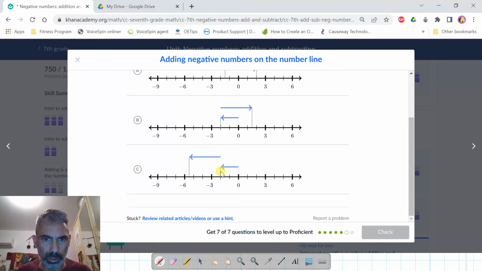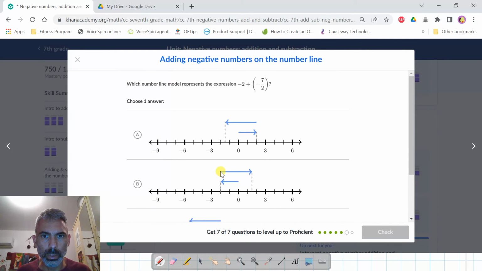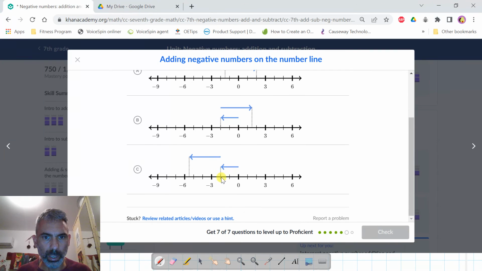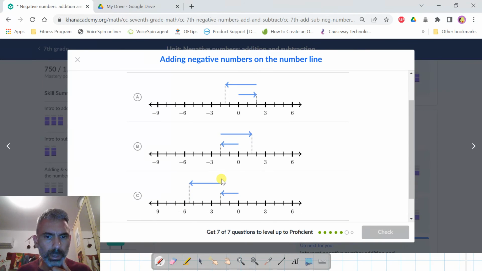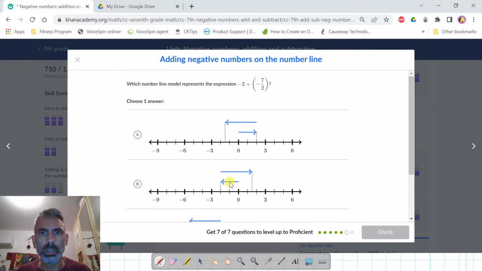Okay, so from negative 2, we add another 7/2. 7/2 is like 3.5. So 2 steps, another 3.5 steps, and in this case both numbers have the same sign, so we add them up and the result will have the negative sign.